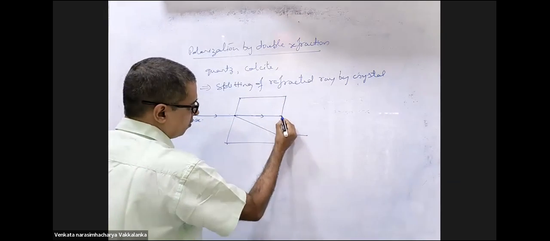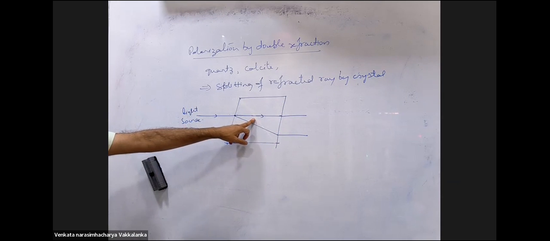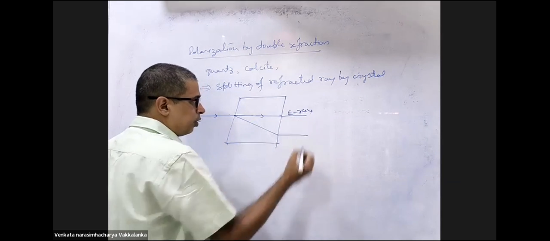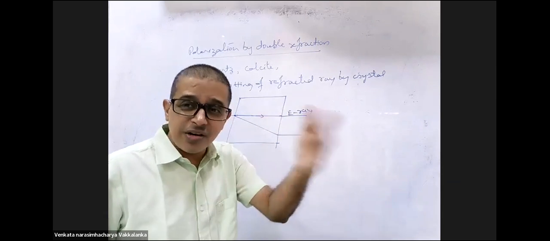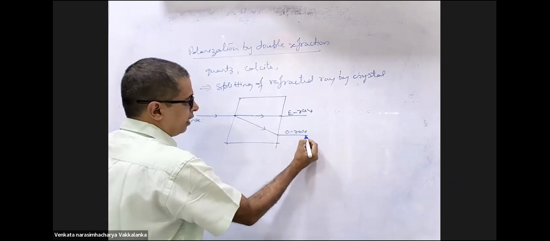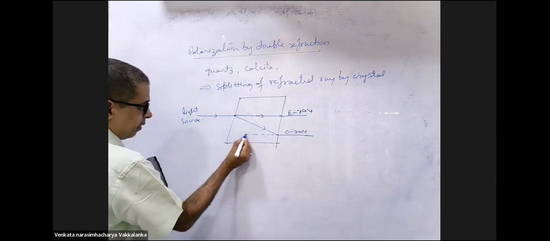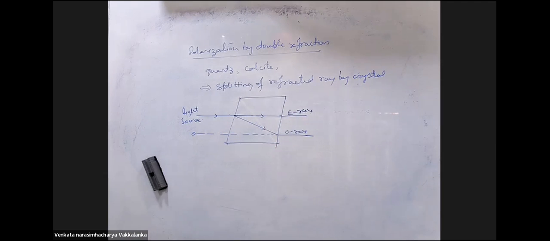The normal for this. This is called the E ray. What do you mean by E? Extraordinary ray, which doesn't follow the laws of refraction. This is the O ray. It is an ordinary ray which will follow the rules of refraction. The light ray appears to come from here. This is the extraordinary ray and this is the ordinary ray.